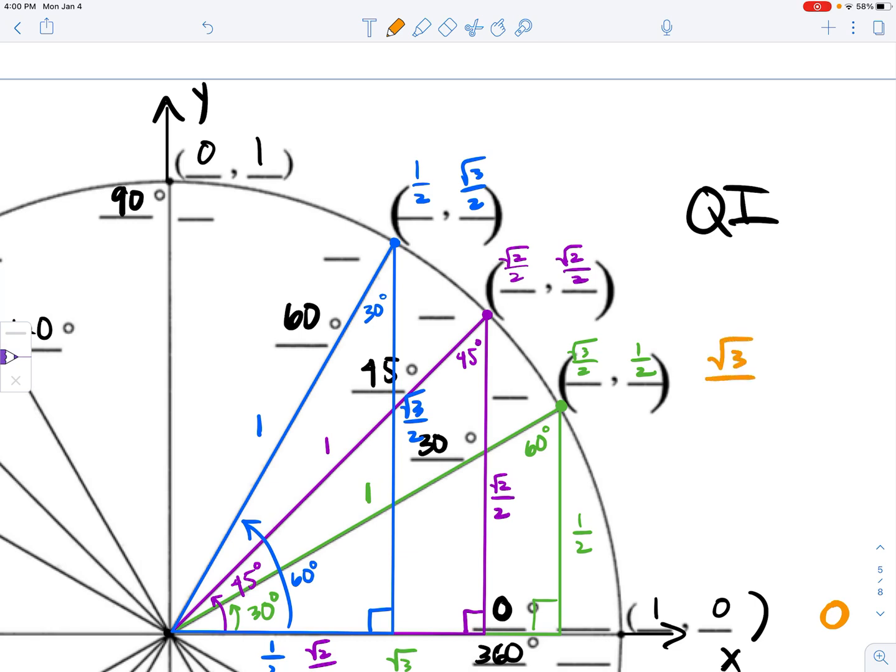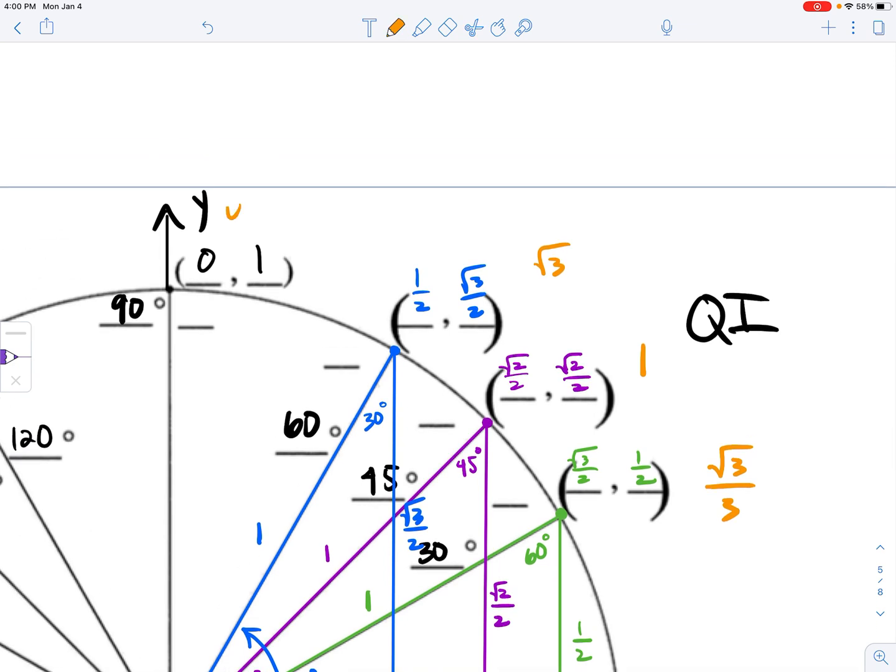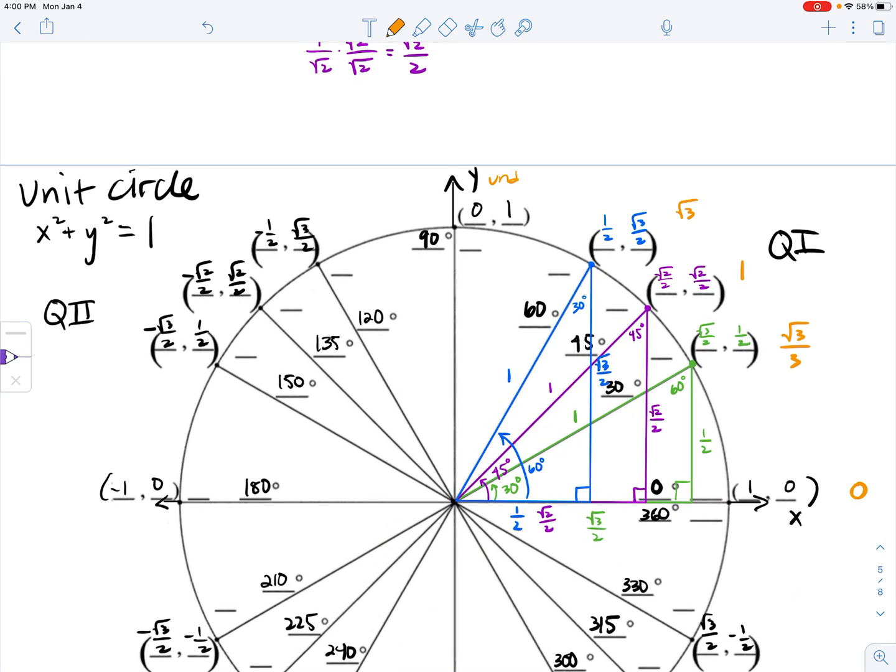So I'm just going to write that as root 3 over 3. And then root 2 over 2 over root 2 over 2 would be 1. And root 3 over 2 divided by 1/2 would just be equal to root 3. And 1 over 0 is undefined.